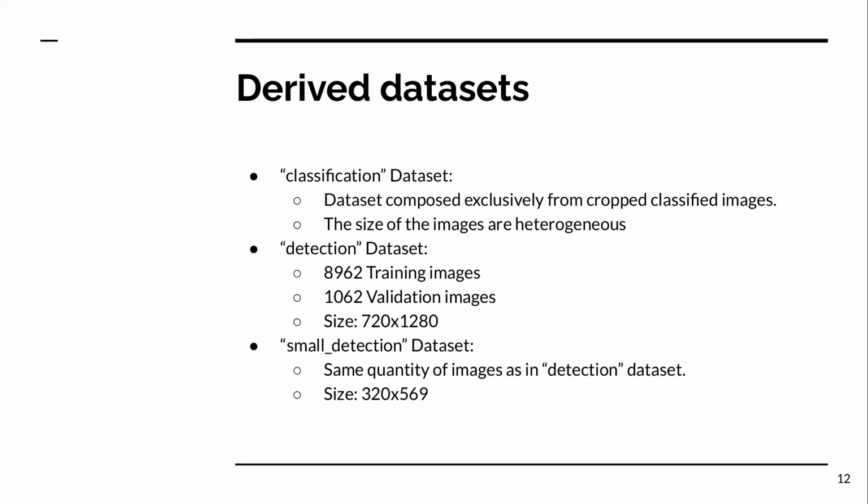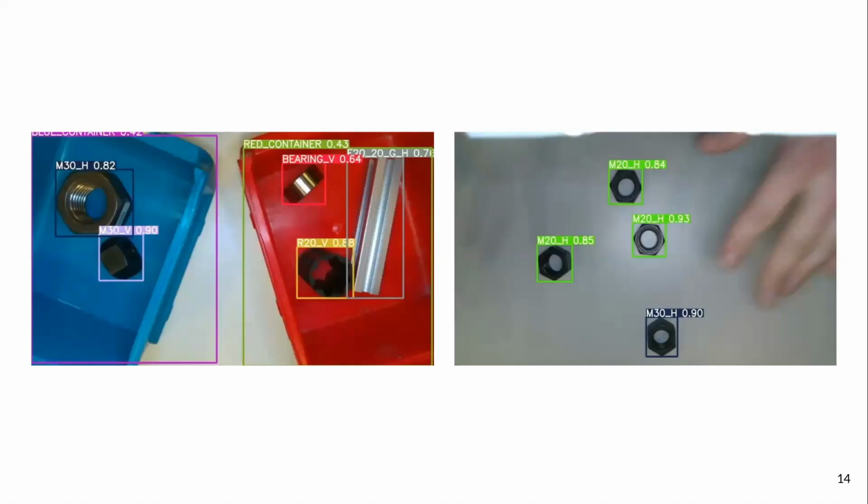And after that, we also wanted to experiment and test a little pre-processing on our dataset, and we generated the small detection dataset, which is 5 times smaller than the original size. So at the end, we could get very good results for both the detection and the small detection, but not for the classification.